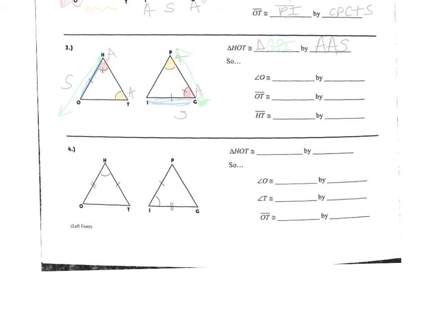And so looking now, we can see the congruence that angle O is going to correspond with angle P. That segment OT, which is right here, is going to correspond with segment PI, right there. And segment HT, which is right here, is going to correspond with segment GI.